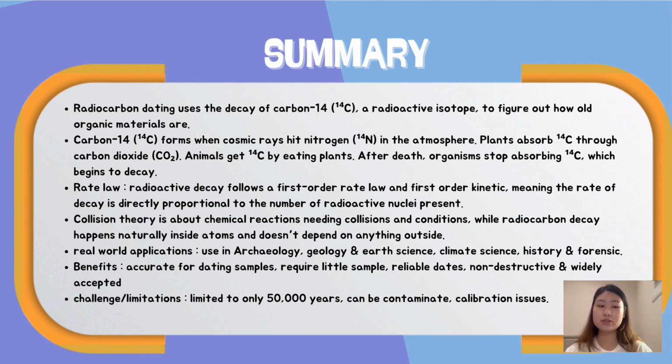Later, it gets transformed into carbon dioxide and gets absorbed by plants, which means that when the organisms eat those plants and they die, the carbon-14 will stop being absorbed and the isotope begins to decay. We use accelerator mass spectrometry, or AMS, to measure the ratio of carbon-14 in the sample of organic materials.